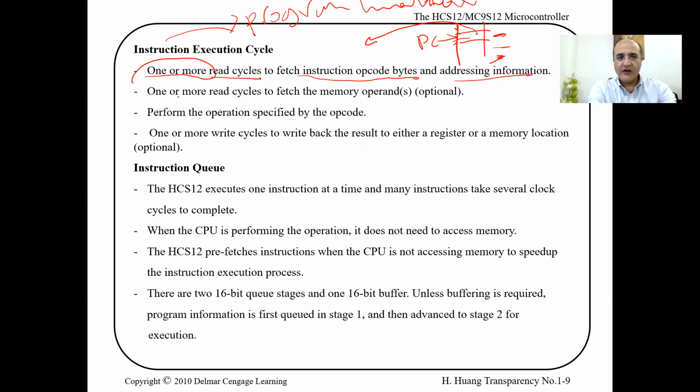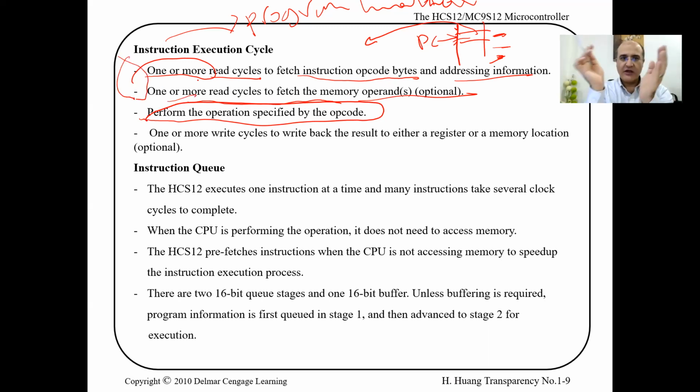You have one or more read cycles to fetch the memory operands, which can range from none to 7. Then the CPU will take some cycles to perform the actual operation, the addition. So first you bring the machine code, you bring the opcode from program memory and data memory to the CPU.